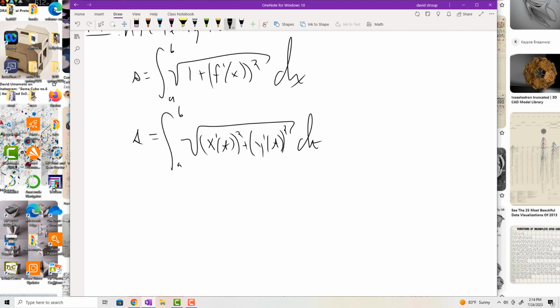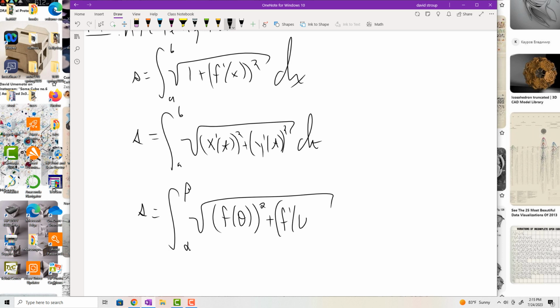So x prime of t is going to be that nasty thing that you would get if you plugged it in, r cosine theta basically, where r is f of theta. So it'd be f of theta cosine theta, its derivative, plug it in there. But at the end of the day, what you get is just going to be the integral of the square root of f of theta squared, where f of theta is your r formula, plus f prime of theta squared, believe it or not.